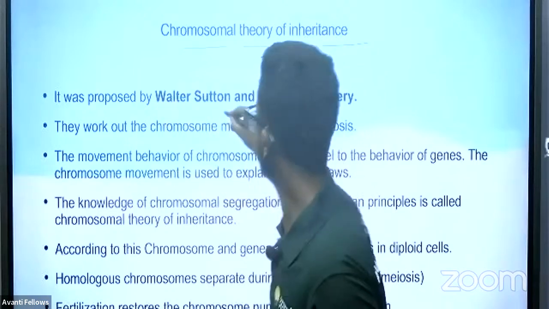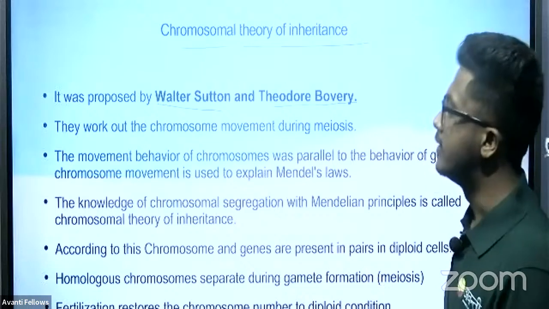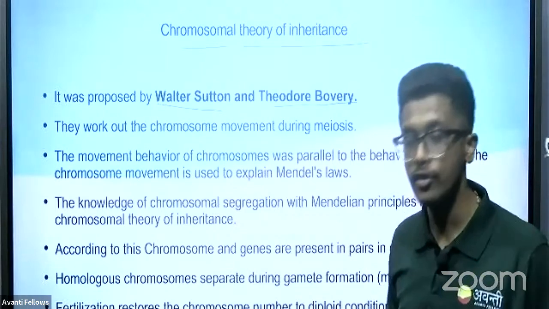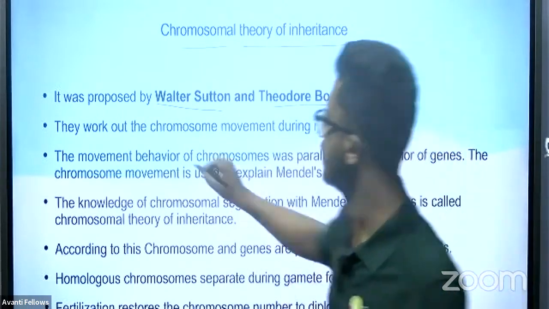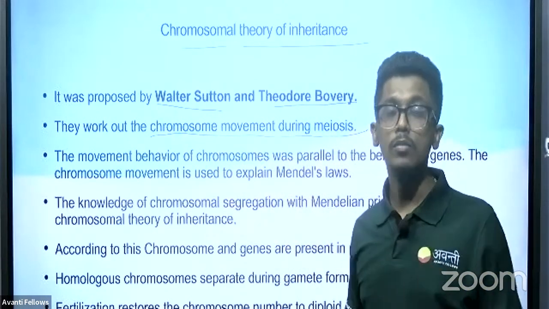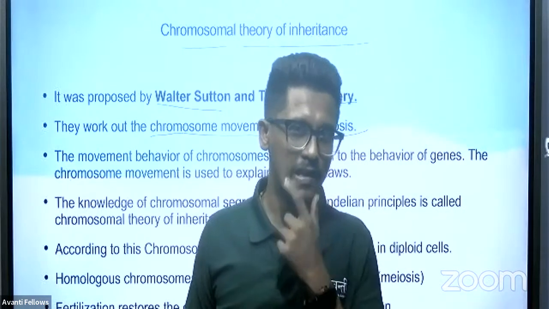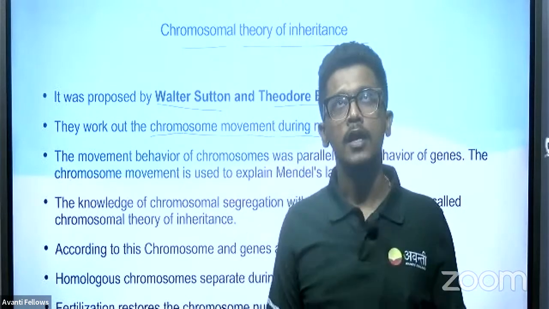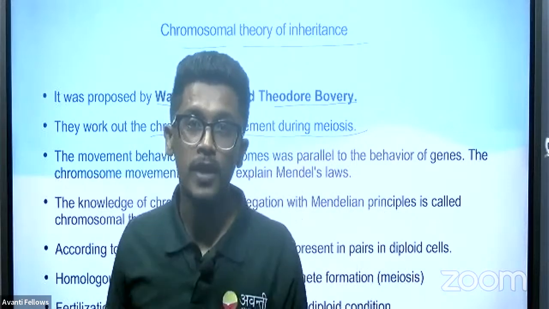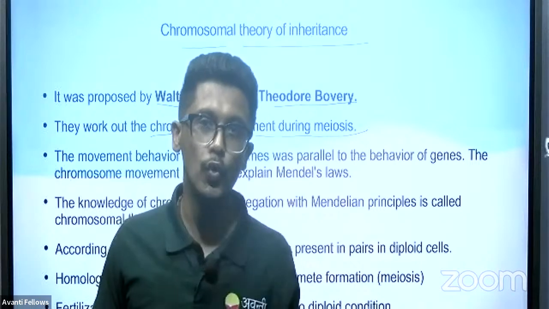So Walter Sutton and Theodore Boveri are the scientists who worked on chromosomal movements. They recognized that during meiosis, the chromosomes behave in a certain pattern. In mitosis, if there is 2n in the parental cell, in the daughter cells also it is 2n.